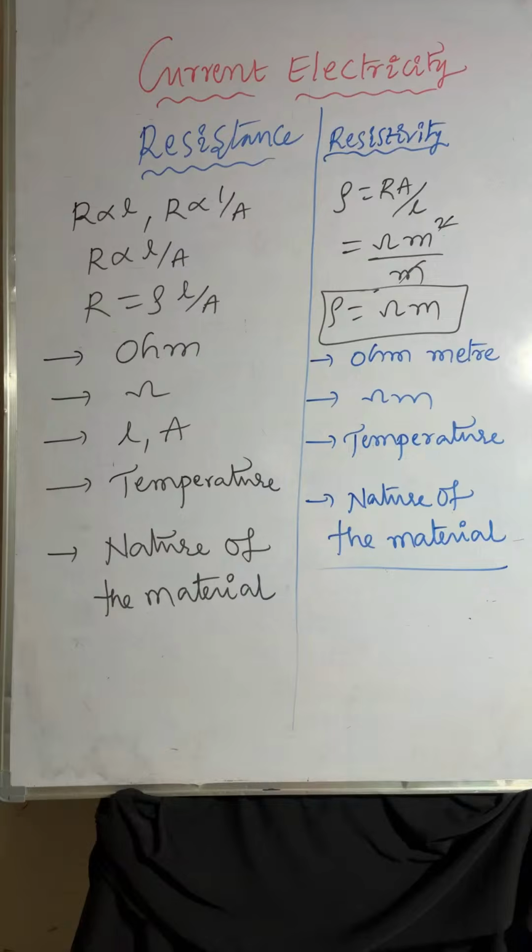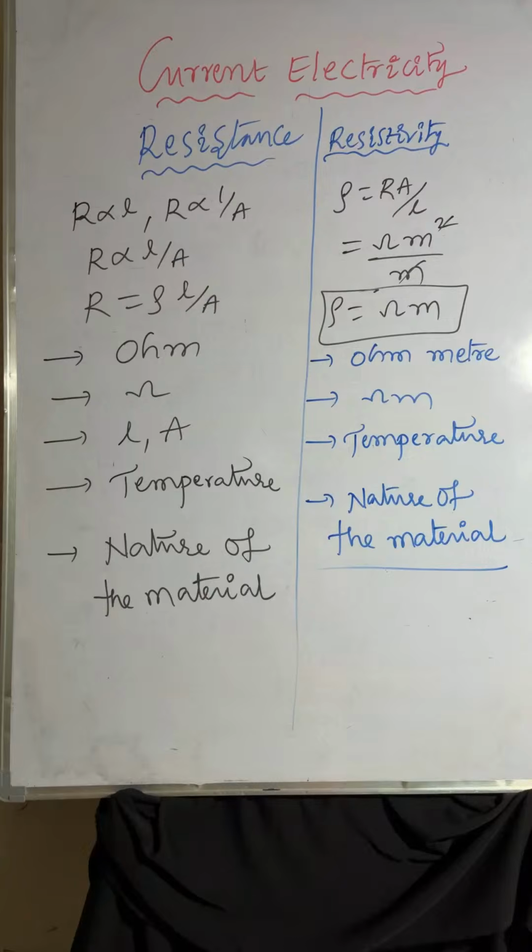Resistance is directly proportional to the length of the conductor and inversely proportional to the area of the cross section. R equal to rho into L by A. The SI unit of resistance is ohm. Resistance depends on length and area of the cross section, on temperature, and on the nature of the metal.